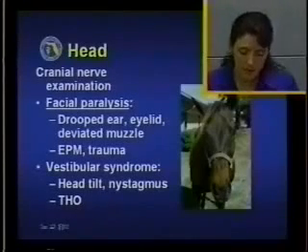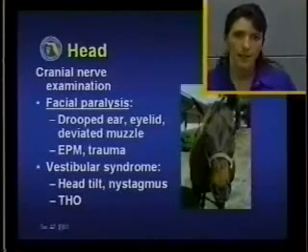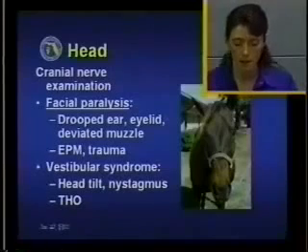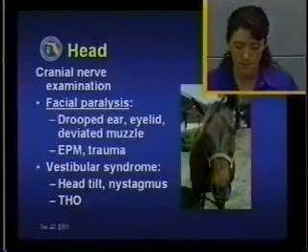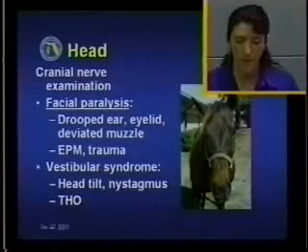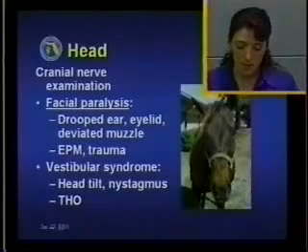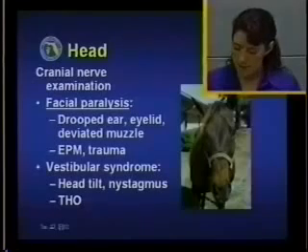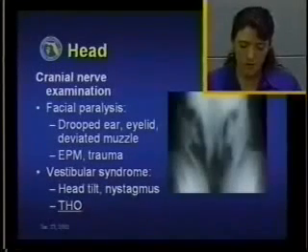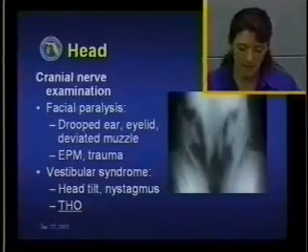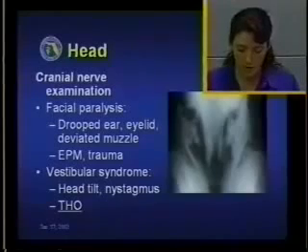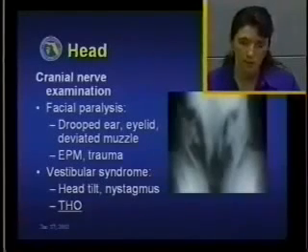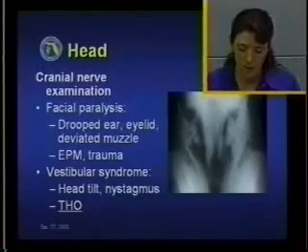Another nerve commonly affected is cranial nerve 8, the vestibulocochlear nerve, and this may result in the vestibular syndrome. This syndrome is associated with a head tilt, nystagmus, and in some cases, this syndrome can be caused by a fracture of the petrous temporal bone, which then results in bony proliferation when this fracture heals, that will in turn compress the nerves.